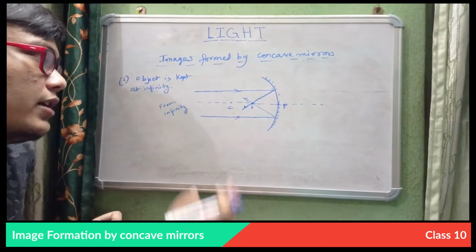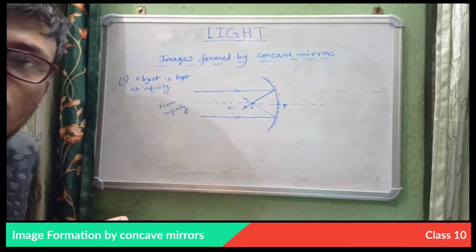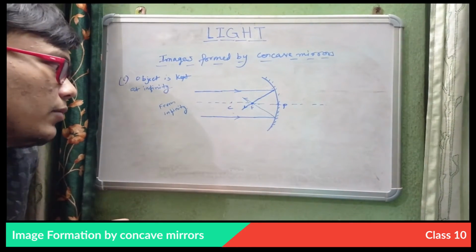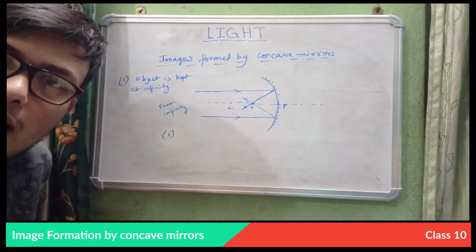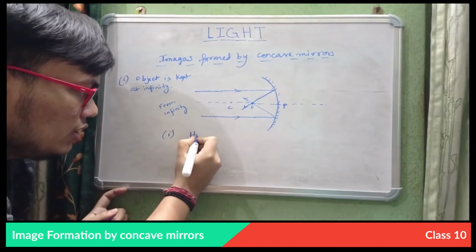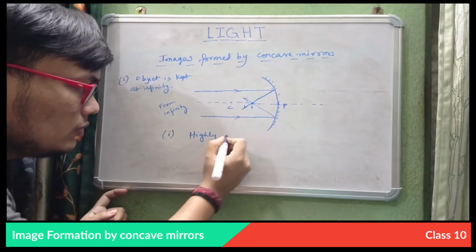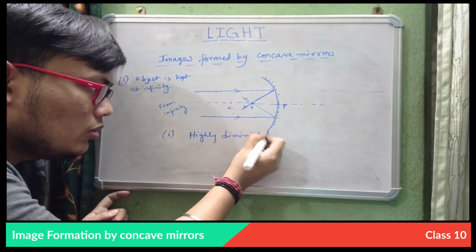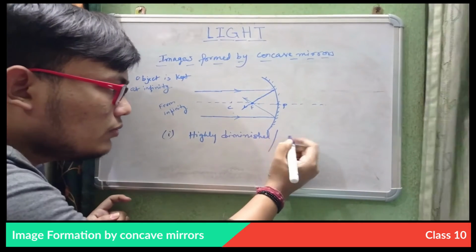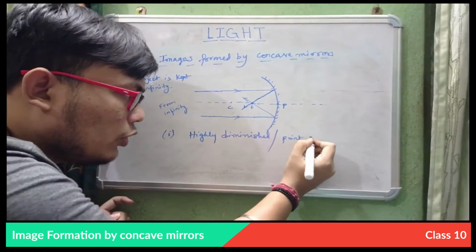So what are the characteristics we can observe from this ray diagram? The image which is formed is, first of all, very highly diminished, almost a point image.